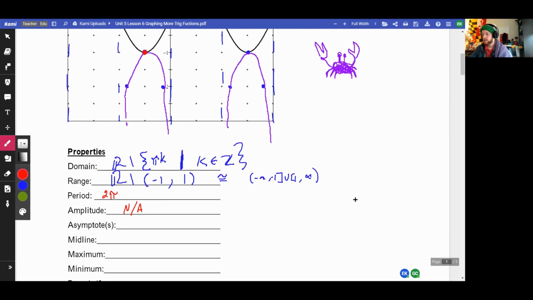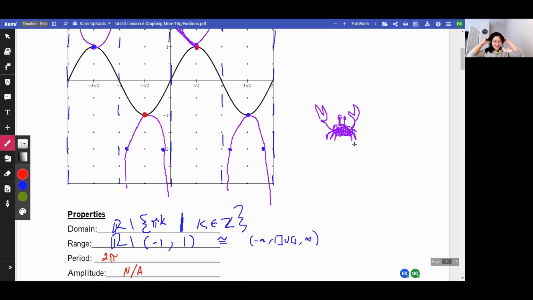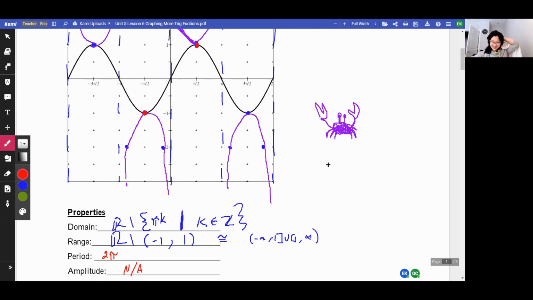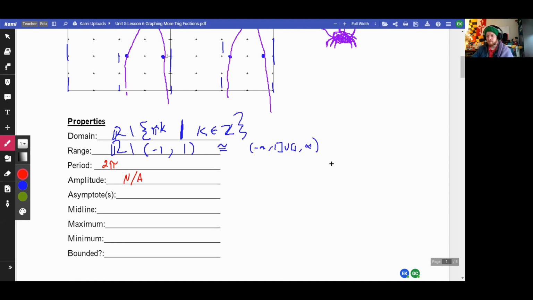So let's write N/A just to be exact. No amplitude, but we can use that coefficient in the function later on to determine how to graph it.